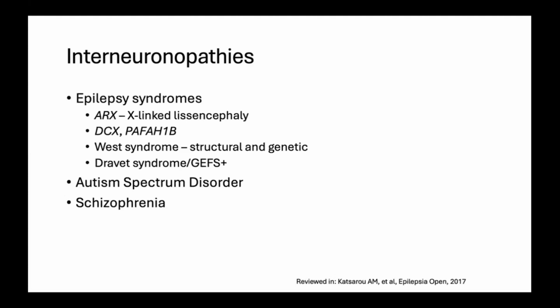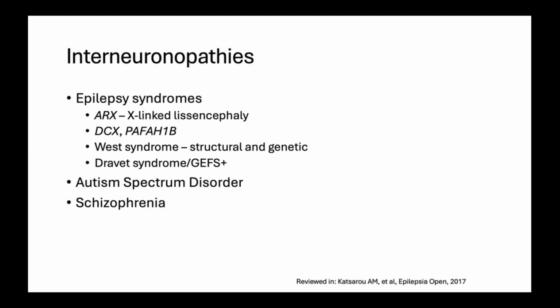In addition, there's been some evidence that things like West syndrome, so infantile spasms, that can be caused by either structural changes or genetic changes, actually have some impaired interneurons as well. And then also in Dravet syndrome, which we talked about earlier today too, SCN1A mutations, there are specific abnormalities in how those interneurons are firing, specifically in Dravet syndrome.